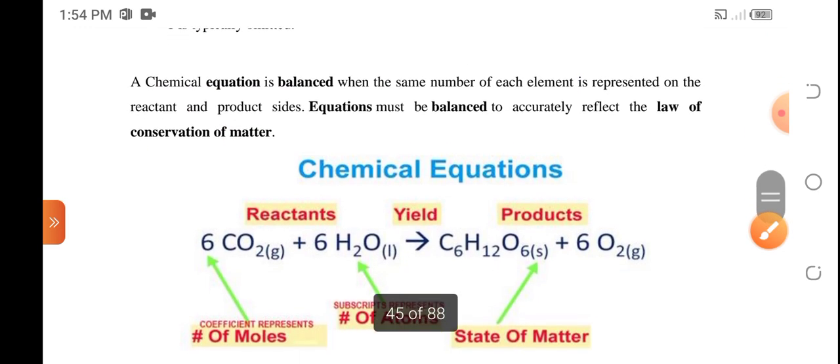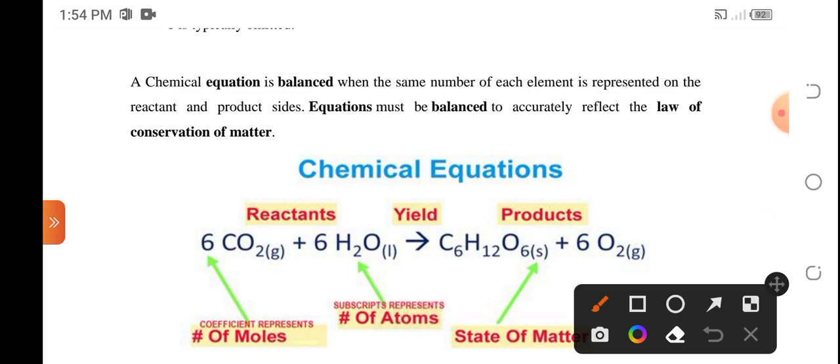Okay, so we have here the parts of a balanced chemical equation. The number written before each symbol or formula of the substances involved in the chemical reaction is known as the coefficient, which represents the number of moles involved.